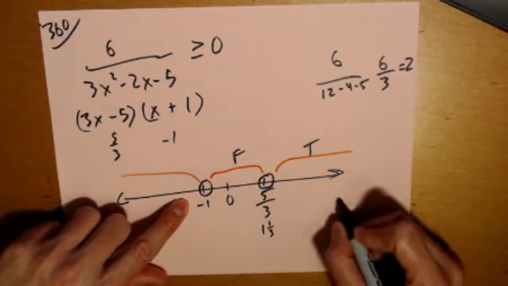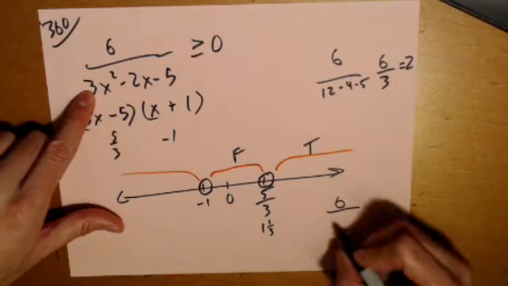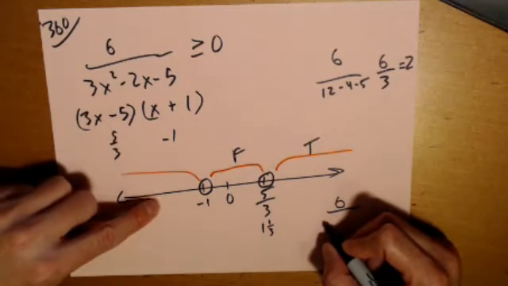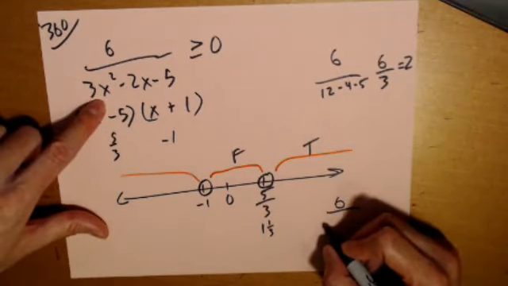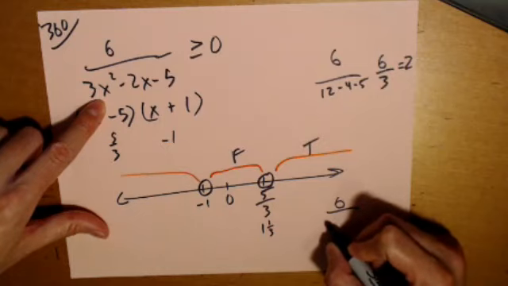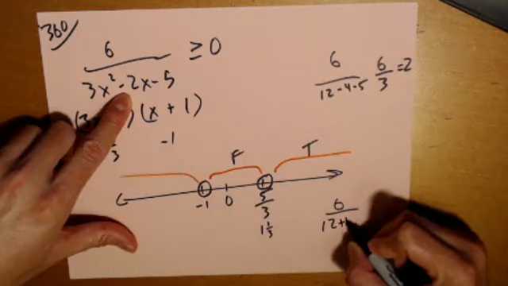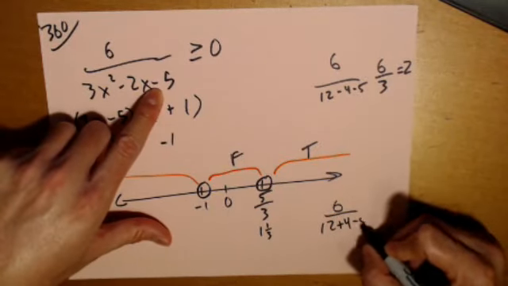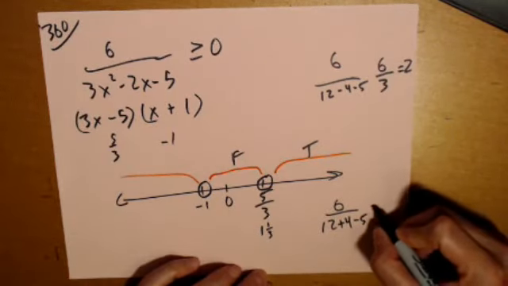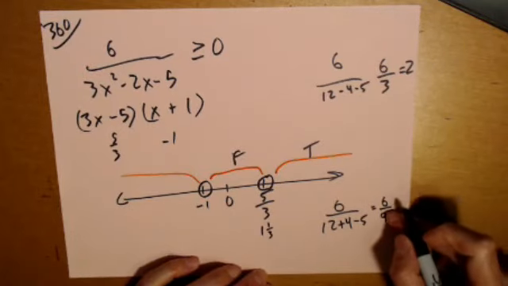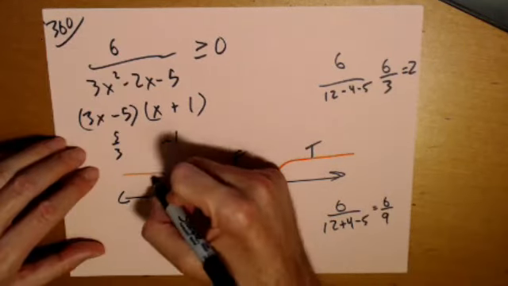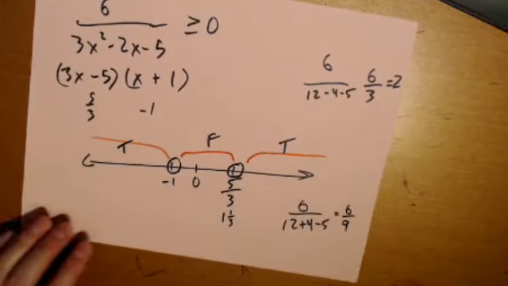That's 6 over 3 times negative 2 squared. Negative 2 squared is 4, so that's 12, plus 4, minus 5. 16 minus 5 is 11, so 6/11. Is that greater than 0? Yes. True.